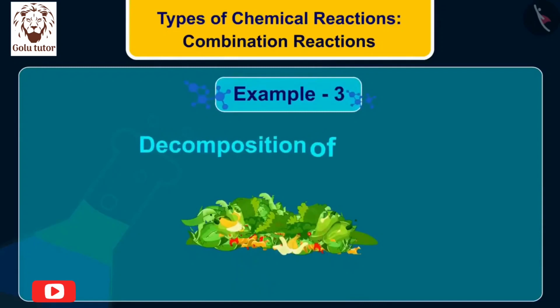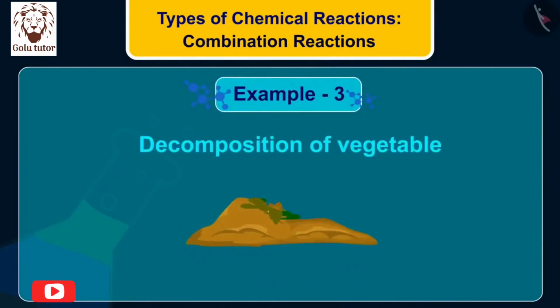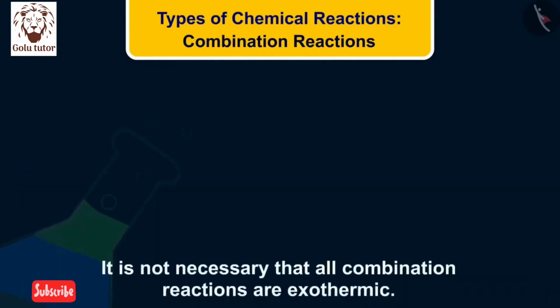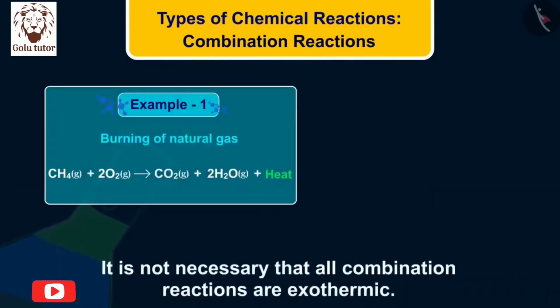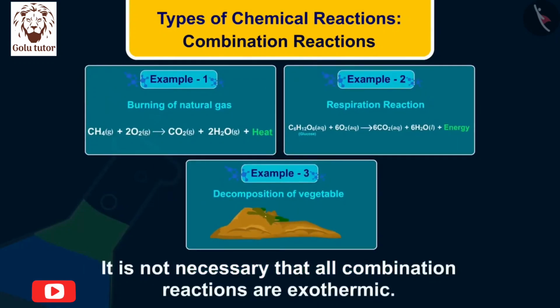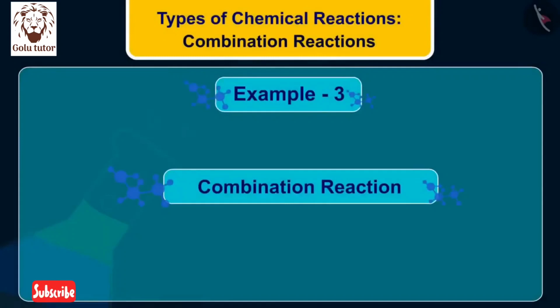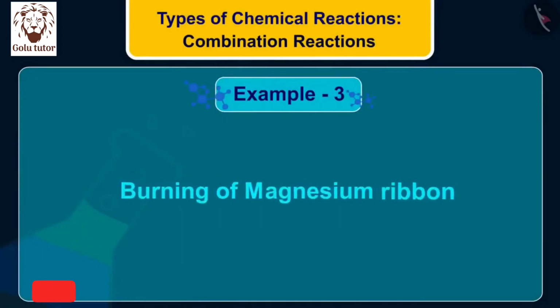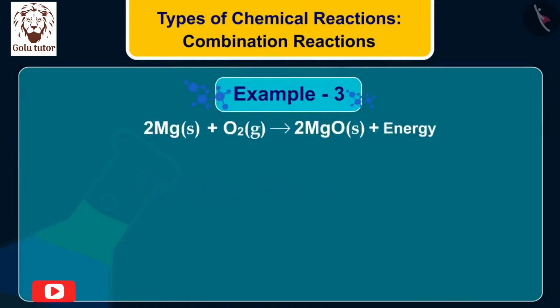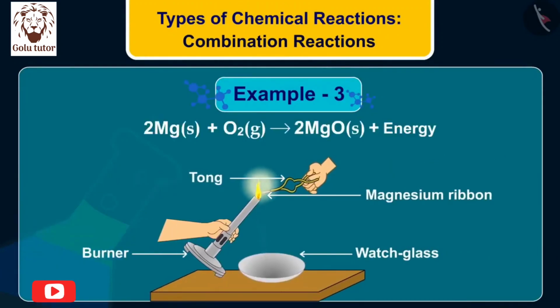The decomposition of vegetable matter into compost is also an example of exothermic reaction. However, it is not necessary that all combination reactions are exothermic. We can take one more example of a combination reaction, which is burning of magnesium ribbon. Magnesium burns in oxygen to produce magnesium oxide.